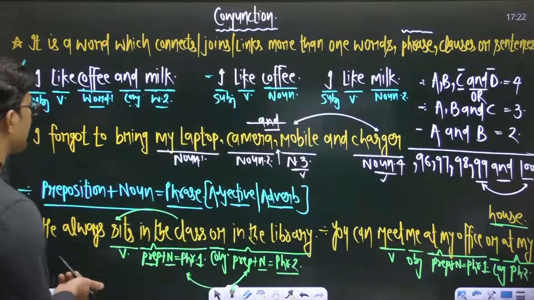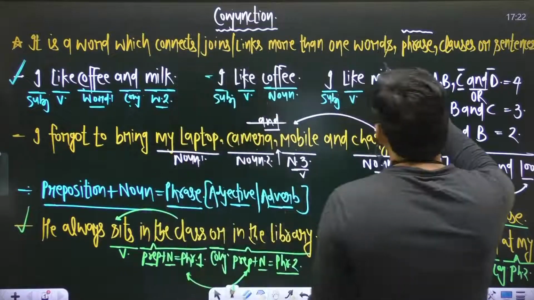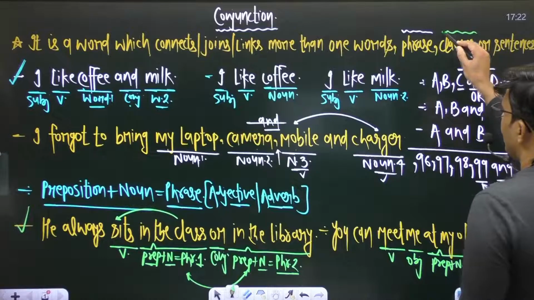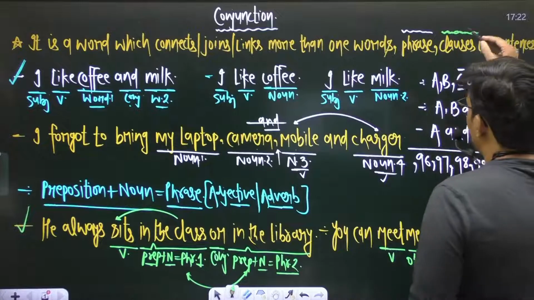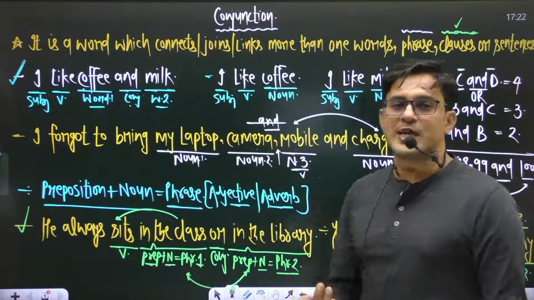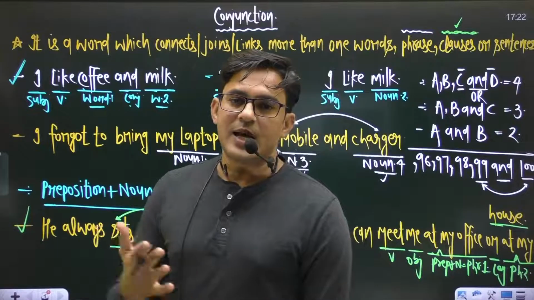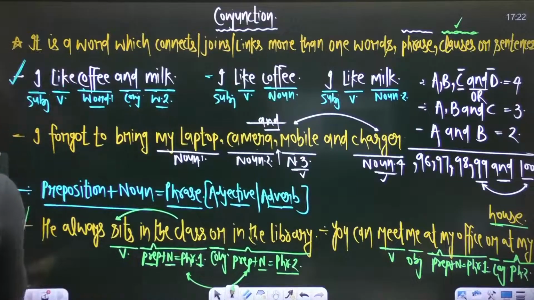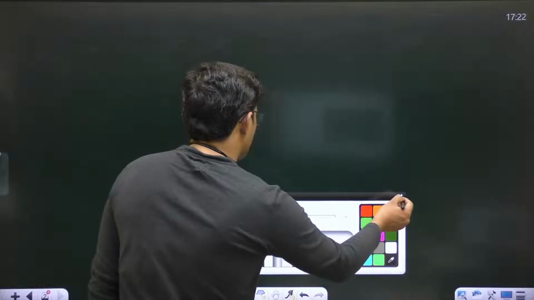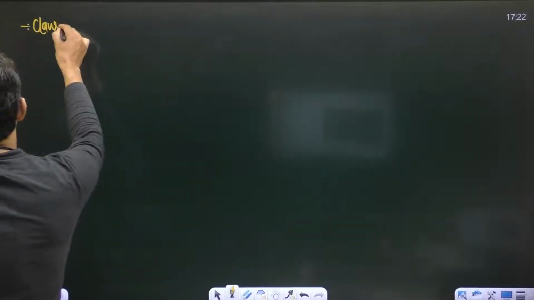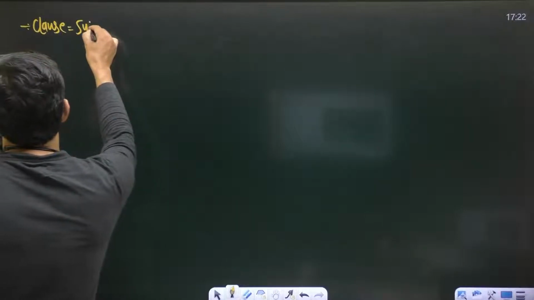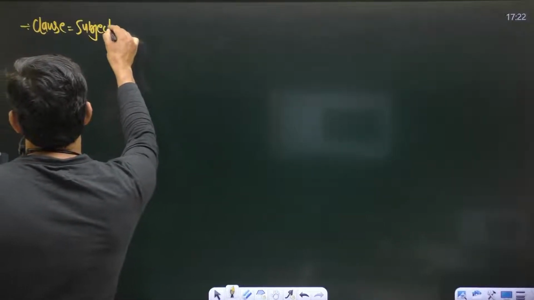Let us move to the next one. How conjunction connects clauses. Now we shall discuss what a clause actually is. Let us learn. Okay, move to the next slide. If I just talk about clause, make sure a clause is a combination of subject plus predicate.